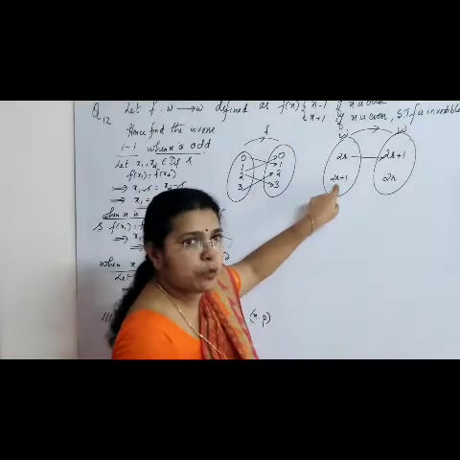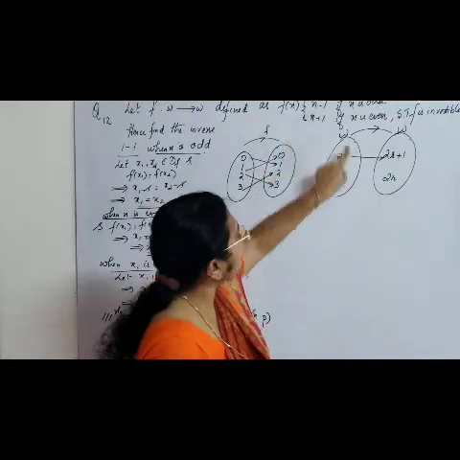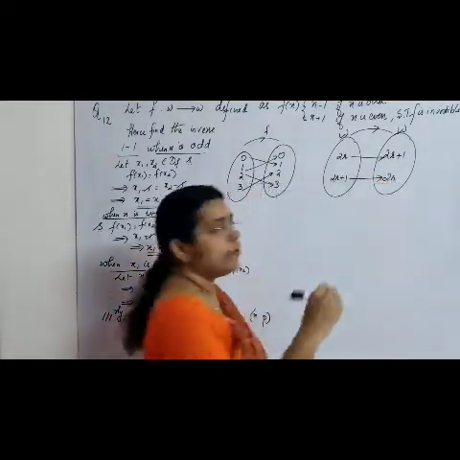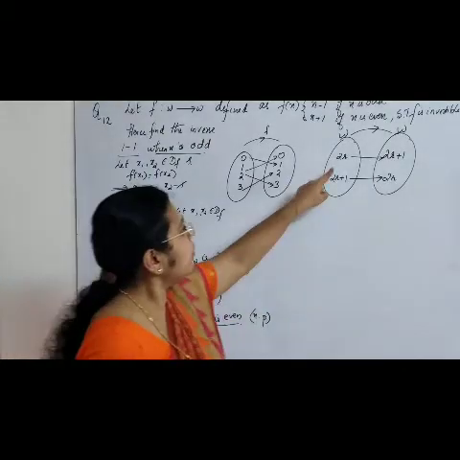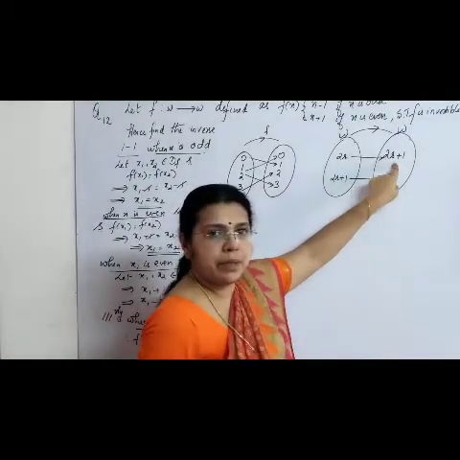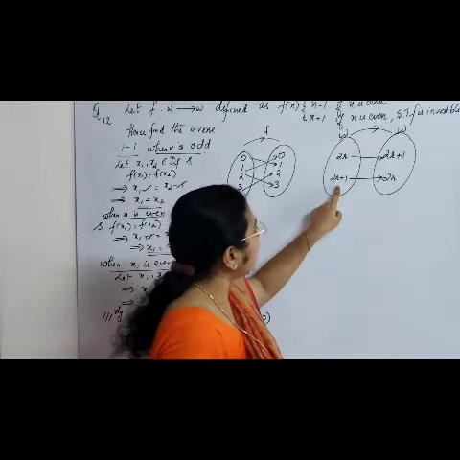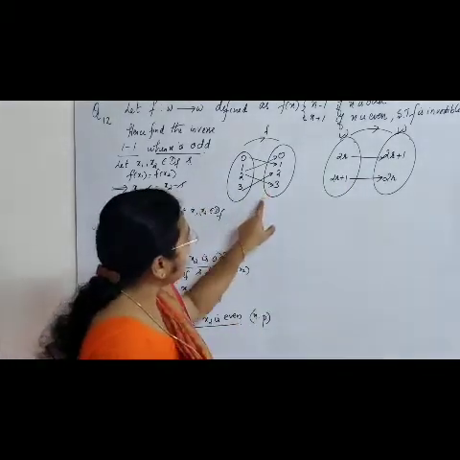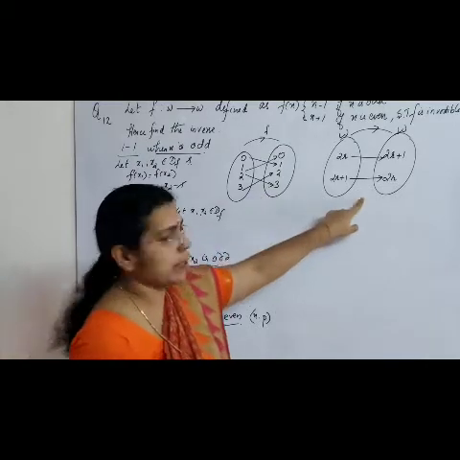Here n is 2r plus 1, so n minus 1 is 2r. So this is 1-1. For every even number you have an odd number to which it is mapped, and for every odd number you have an even number that is mapped to it. So that is exactly the simplified version of this part.